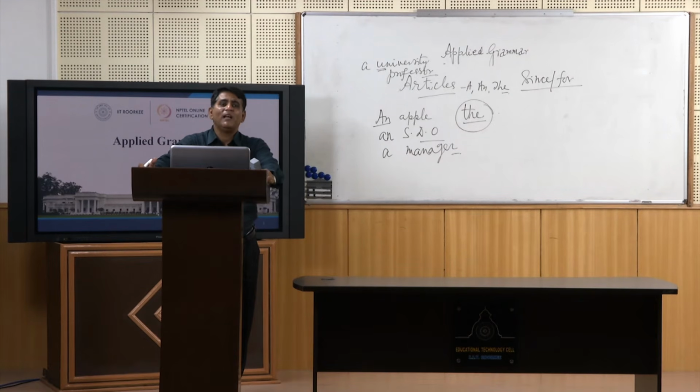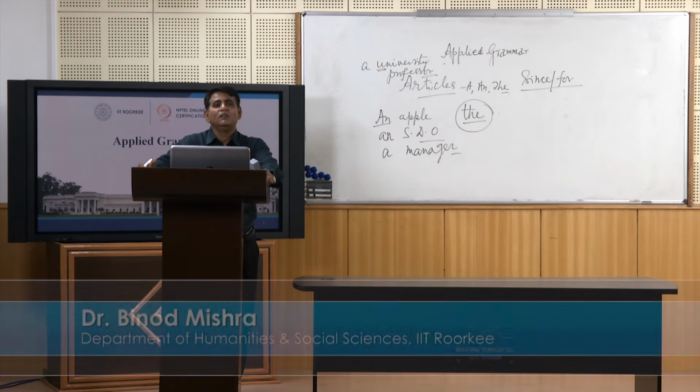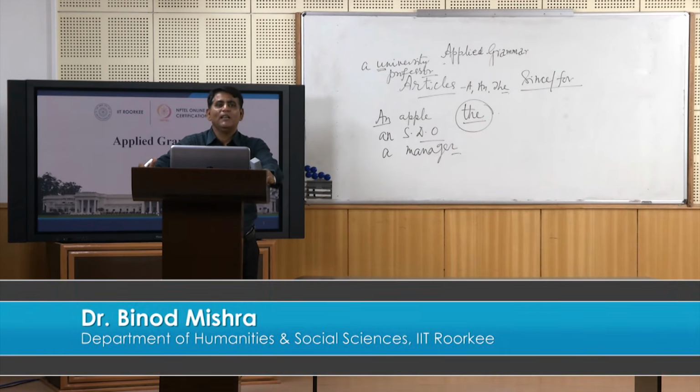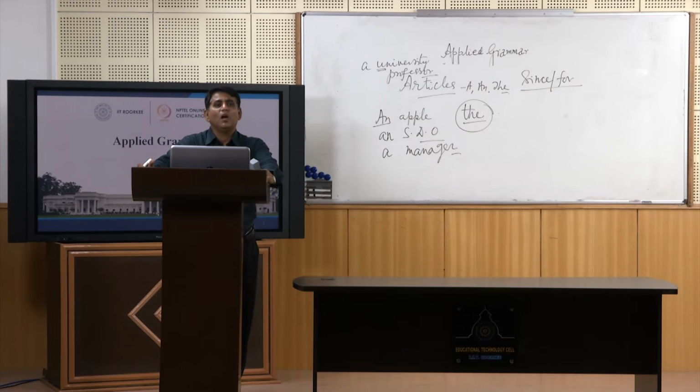But if I say he has been working for 4 years, now you do not know which 4 years. That is why it is called a point of time and a period of time.